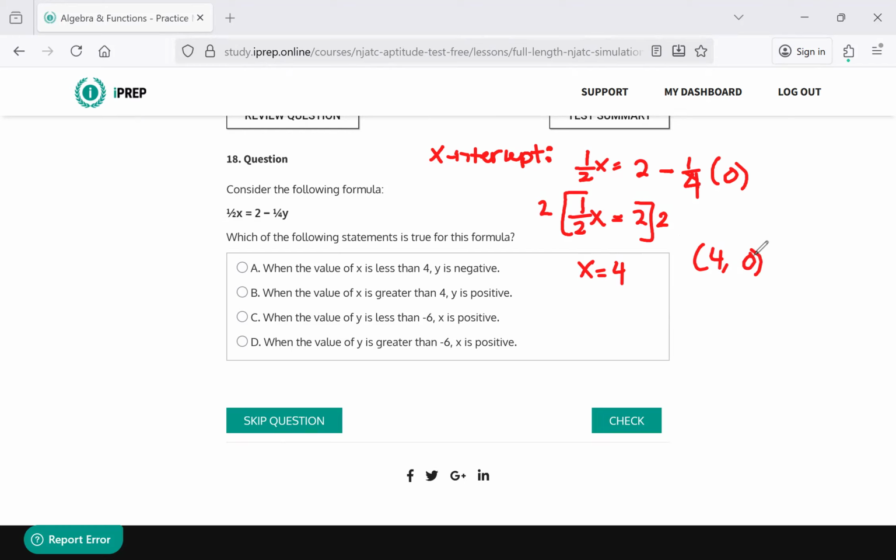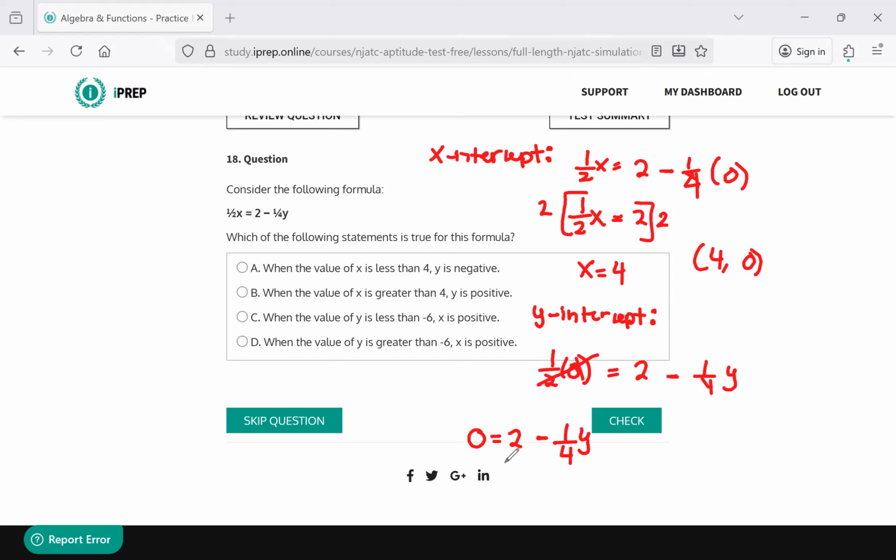Now let's find the y-intercept. To find the y-intercept, you simply set x to 0 and solve for y. So it's going to be 1/2 times 0 equals 2 minus 1/4 y. So this is going to be 0 equals 2 minus 1/4 y.